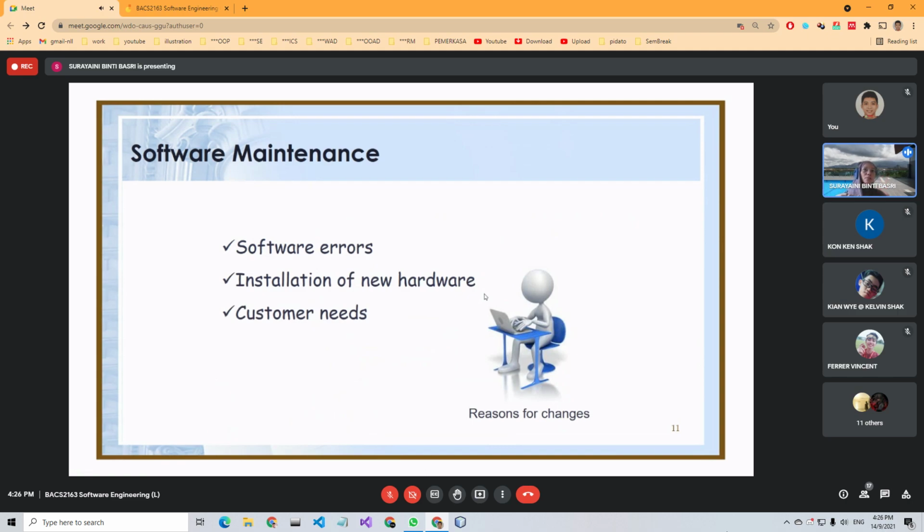For example, if previously your client company only needed the system to be accessed through a desktop or laptop browser, but now they demand it be compatible with mobile browsers, we need to adapt to that new hardware. Then there are customer needs: after using our system, they may think it would be easier if they had another module to help process their daily operations.